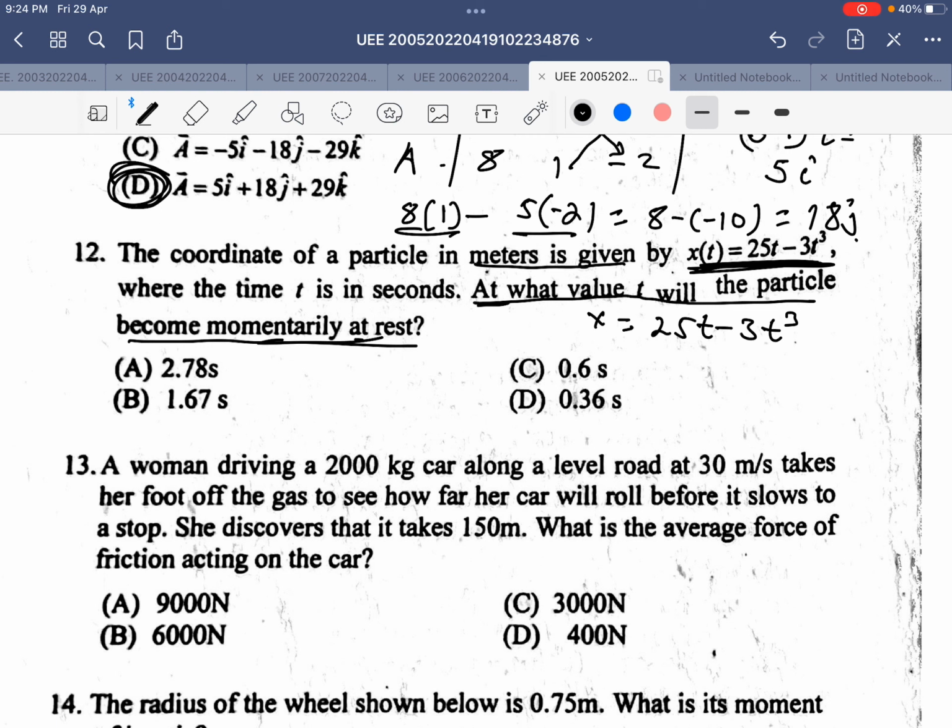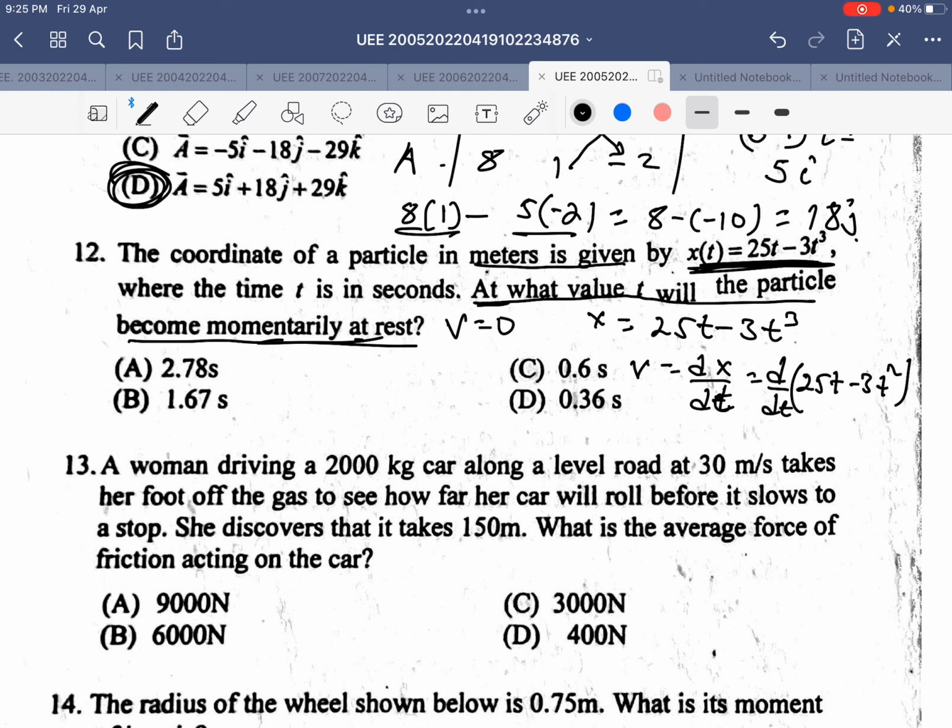ረስት የሚሆነው ማለት ስፒዱ 0 የሚሆነው መቼ ነው? አንድ ደሪቬት አድርጉት። ስፒድ ማለት ዴልታ ኤክስ ባይ ዴልታ ቲ ነው። The derivative of x with respect to time is equal to d by dt of what is x? 25t minus 3t squared.